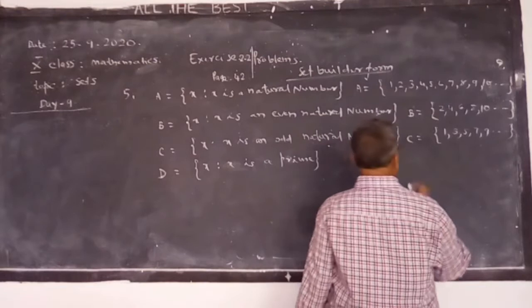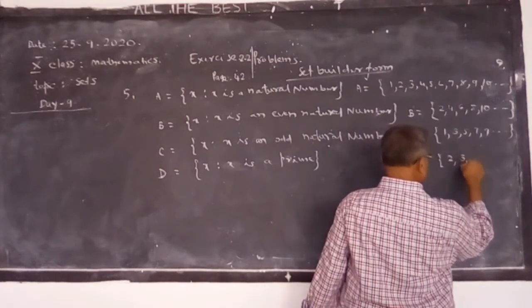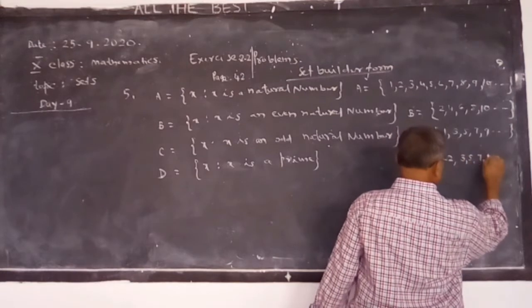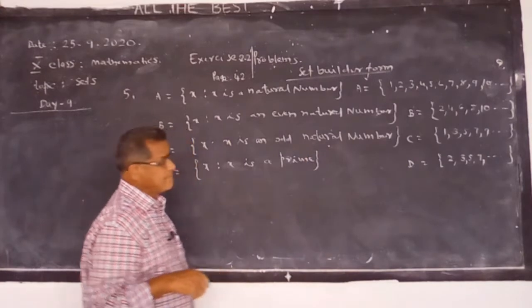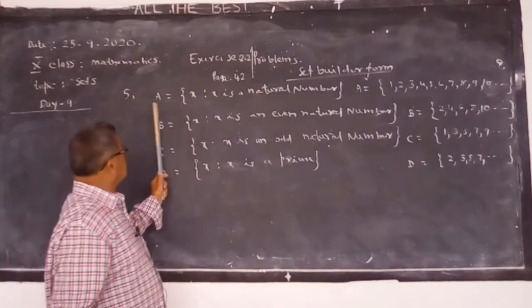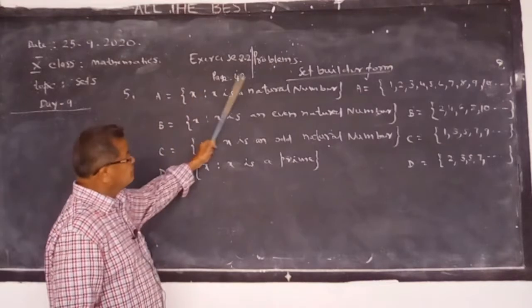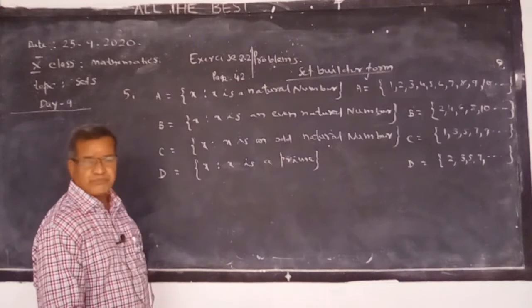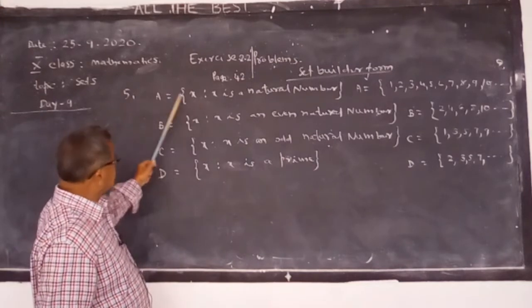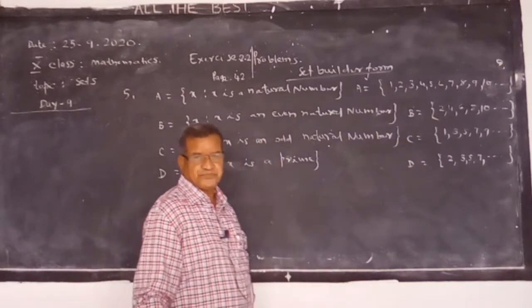X is a prime: 2, 3, 5, 7, and so on. See, in the question the sets are given in set builder form, and we are writing roster form for easy understanding.